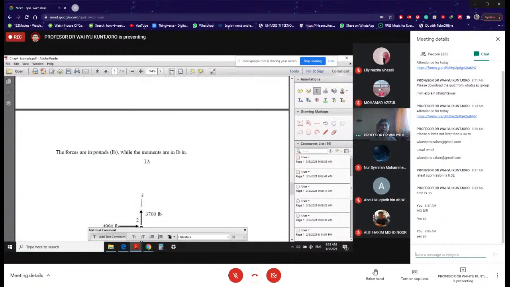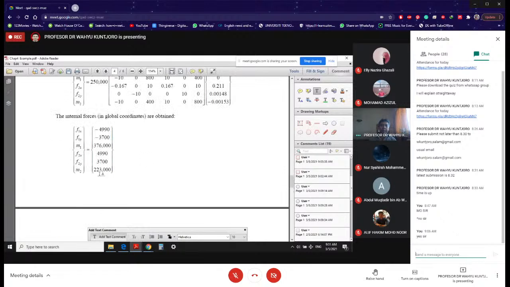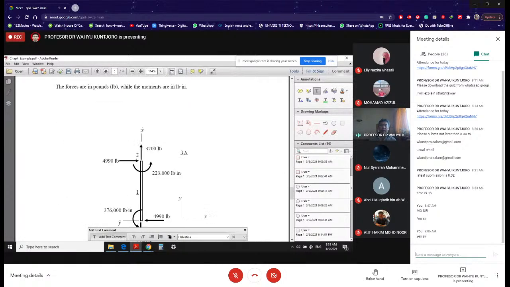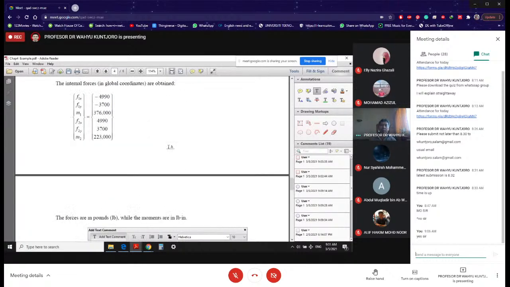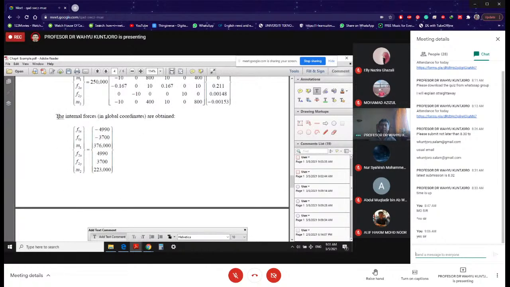When you have this, then of course you can write down all these forces onto your element. This is element number 1. Okay, this is element number 1, and the forces are given over here, which, of course, you get from this result here.